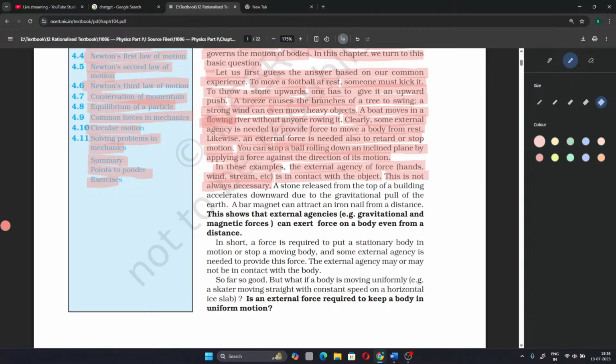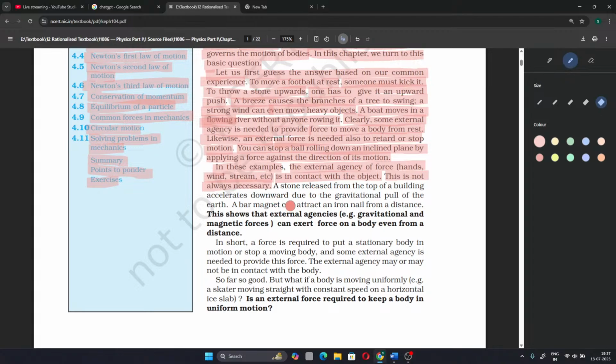In whatever examples we saw here, the boat was moving due to water current, the stone was moving due to pushing or throwing it with our hands, and the football was flying because someone kicked it. In this case, the force we applied was in contact with the object. The foot and the ball, the hand and the stone, the water and the boat, all in contact with the object that is moving. But this is not always necessary.